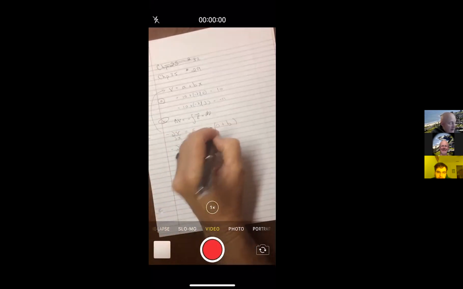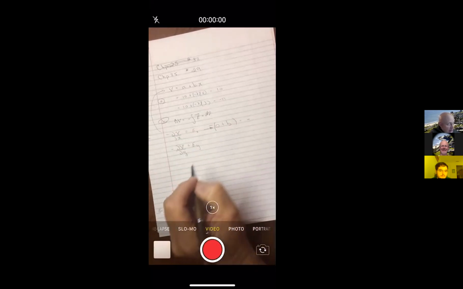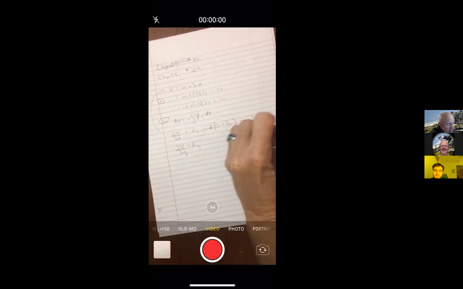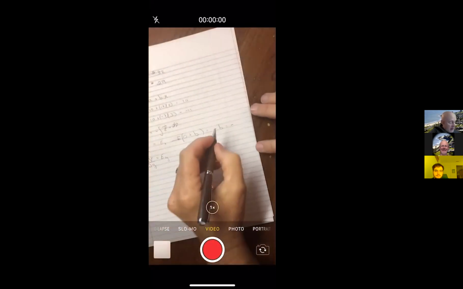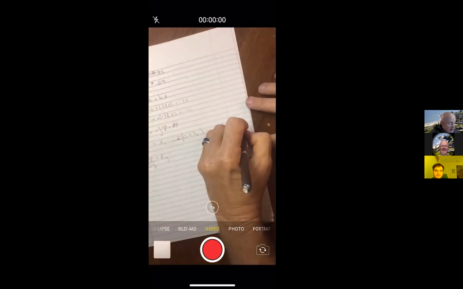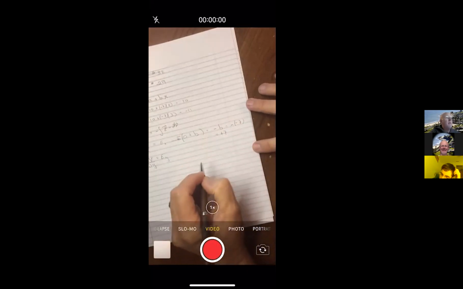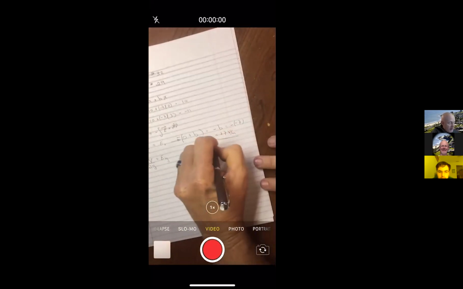Put a negative in front of it, and so that is a negative b, and that b is a negative 7. So the two negatives together make a positive 7. And I should put the unit, volt per meter.